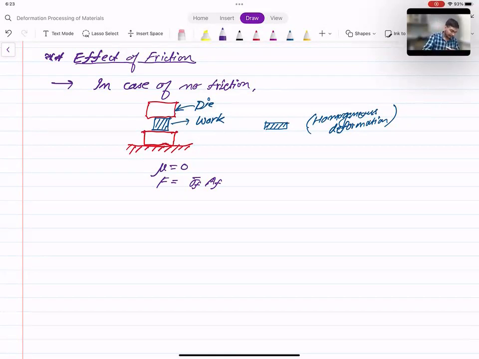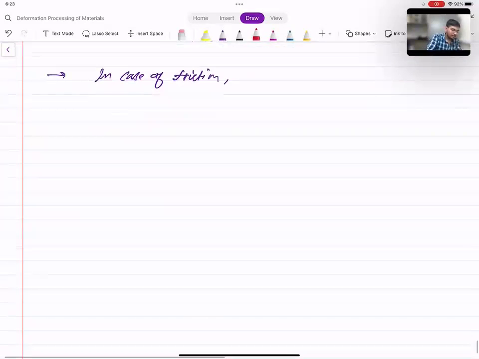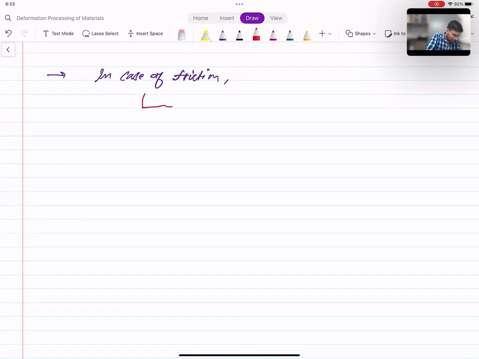In case of friction, say again this is our die, and here the workpiece is placed like this, and now here there is some friction. Here also there will be friction.